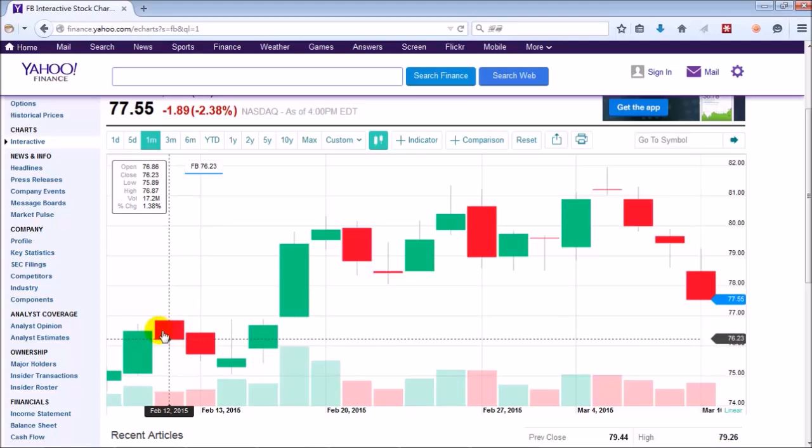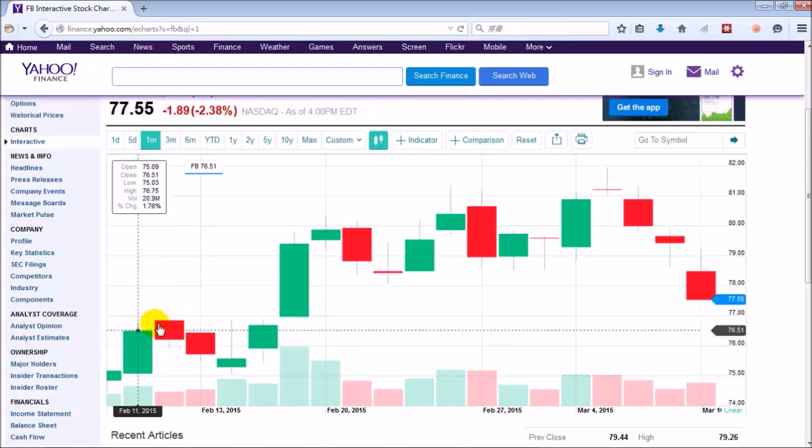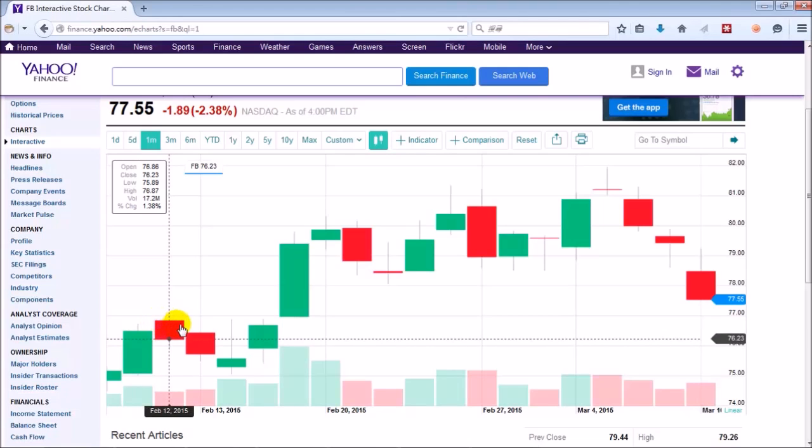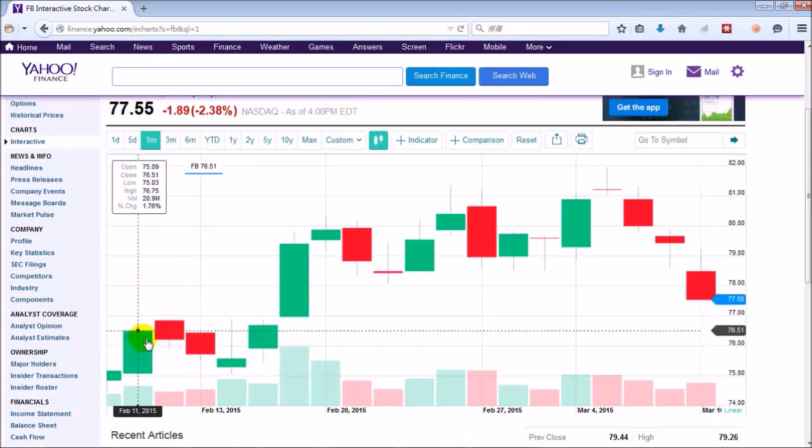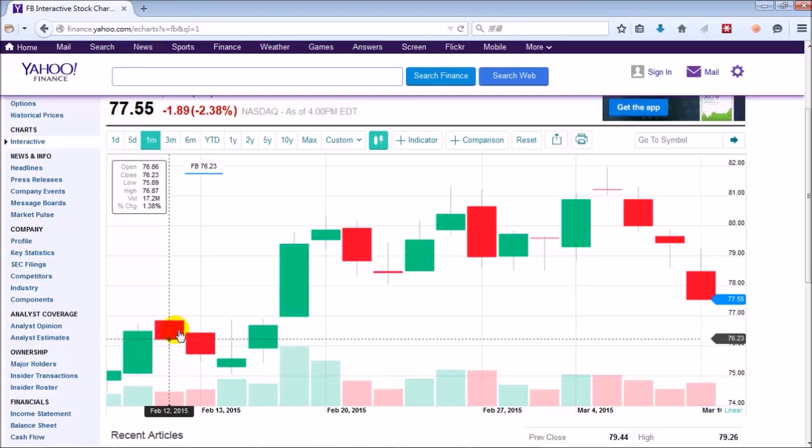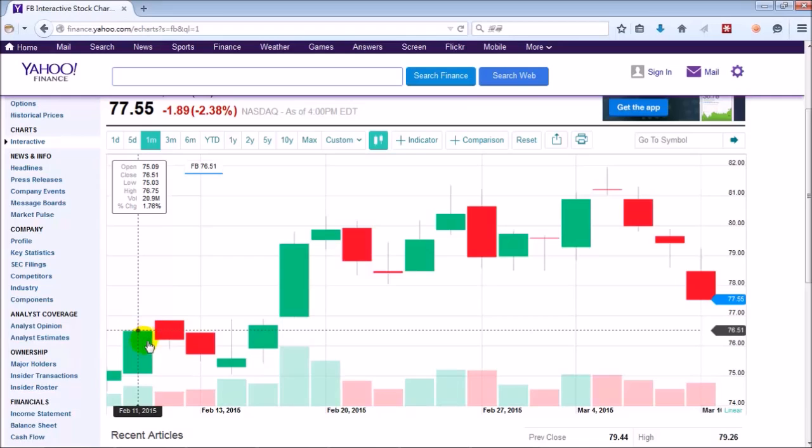Well, if we know that at the very beginning of the day, we only have this little line, we don't have the whole candlestick yet, we just have the top line, but we know that the majority of candlesticks have another candlestick touching them after that day, then we know that the stock price on February 12th, from the opening time to the closing time, is at some time in the day going to touch the closing price on February 11th.